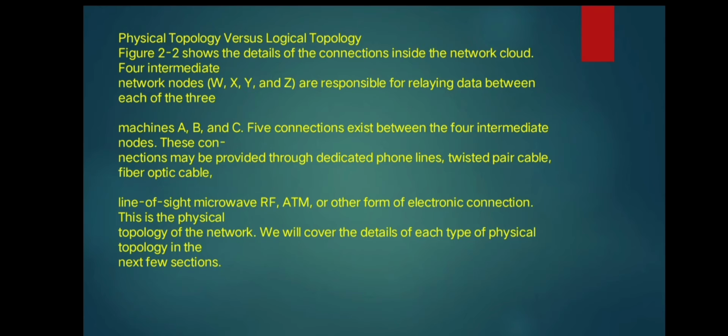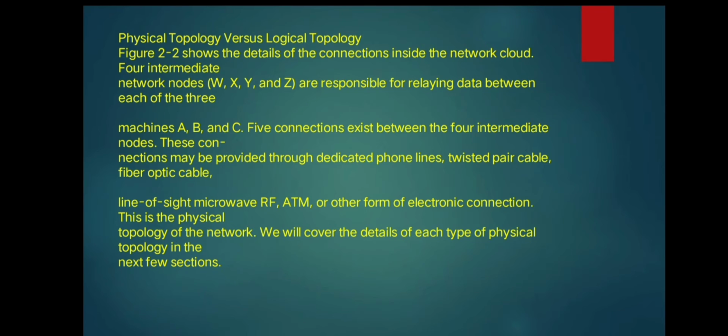Physical topology versus logical topology. Figure 2.2 shows the details of the connection inside the network cloud. Four intermediate network nodes W, X, Y, and Z are responsible for relaying data between the three machines A, B, and C. Five connections exist between the four intermediate nodes.